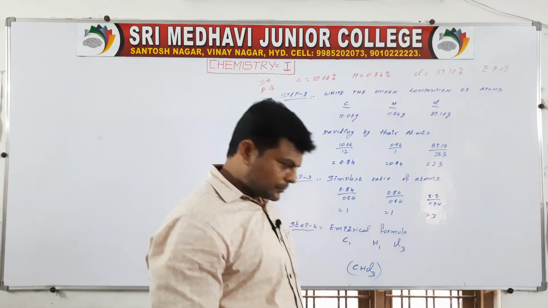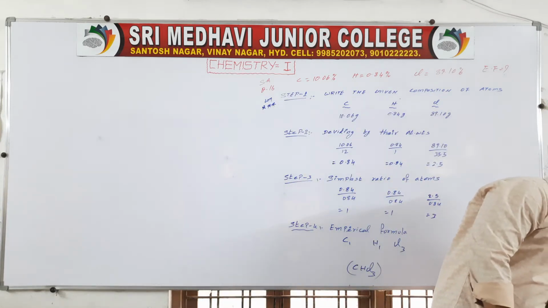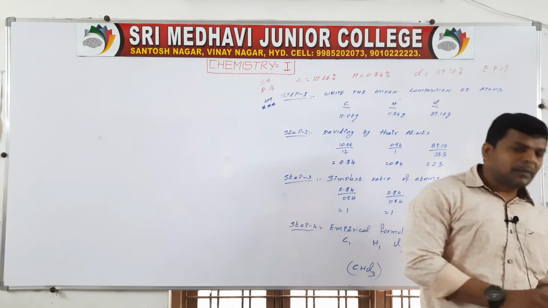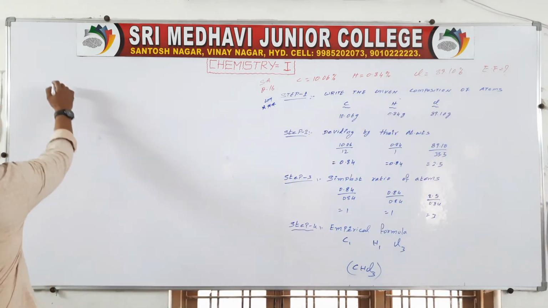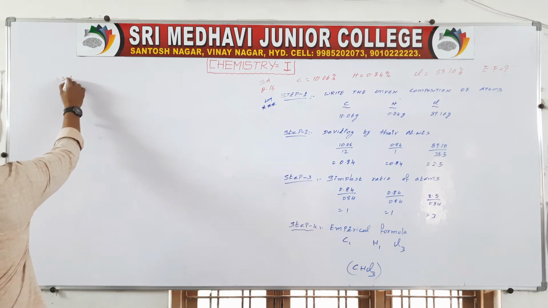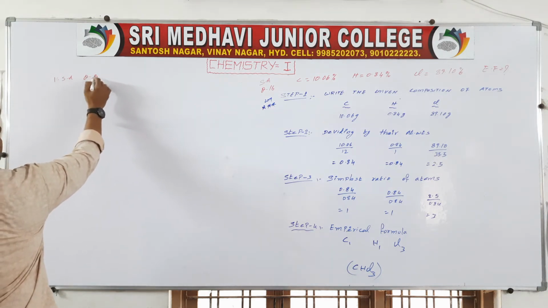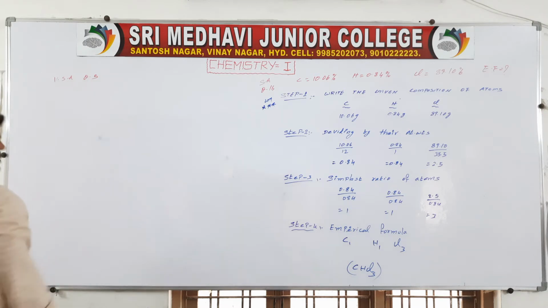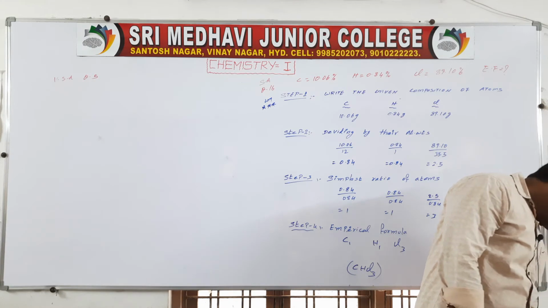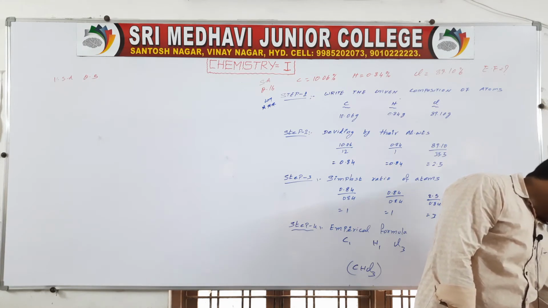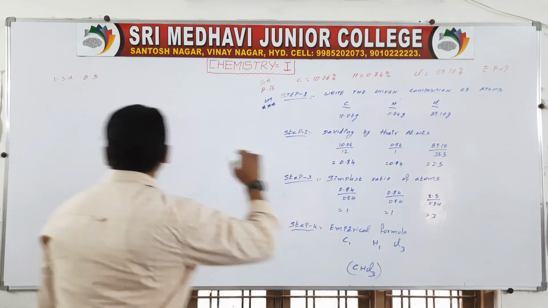Got it? Then one more problem. Very short answers, problem number 5, question number 5. The empirical formula of a compound is CH2O.